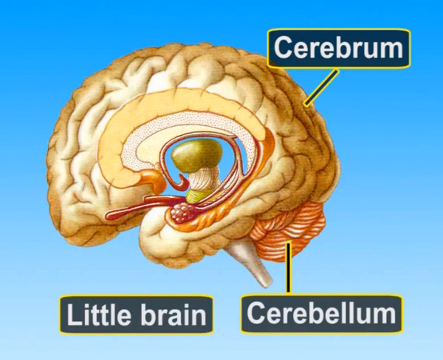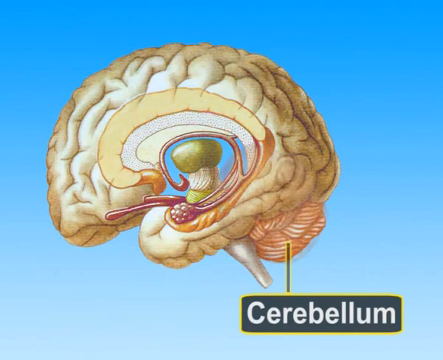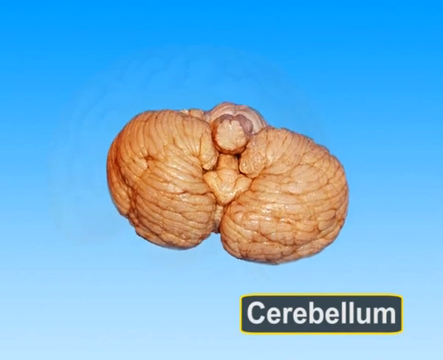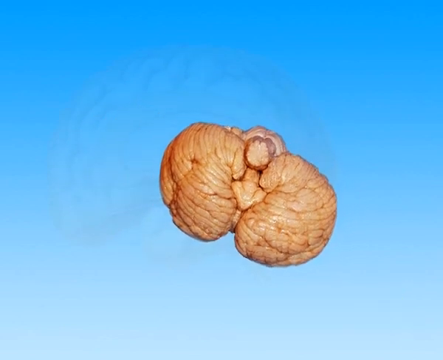It is in fact shaped like a small brain, and it is primarily responsible for coordinating involuntary movements of the body. It has a worm-like appearance and a highly convoluted surface in order to provide additional space for many more neurons.